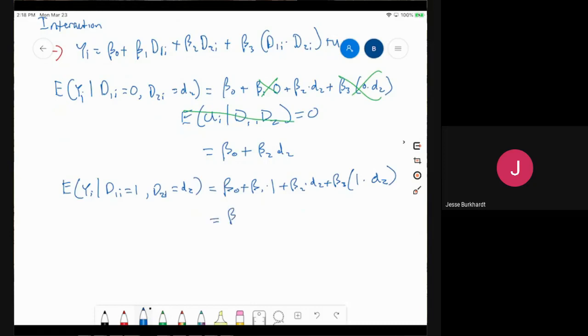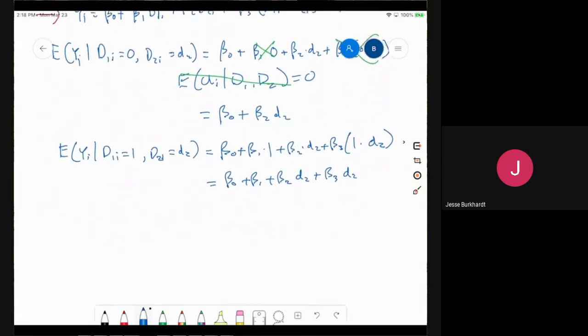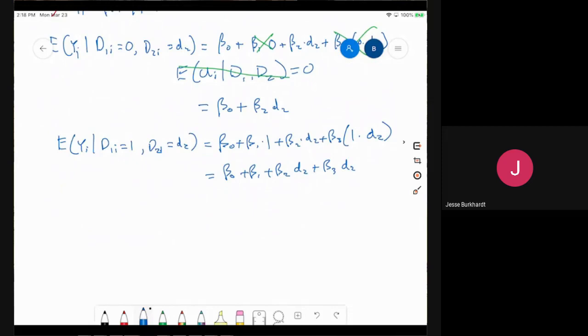So let's write that out. Now that we have both conditional expectations, we can figure out the marginal effect, or the effect of a change in college status on earnings. The marginal effect is going to be the difference between the two.